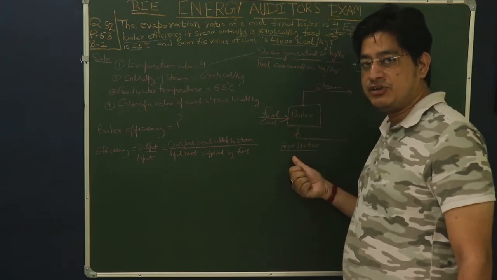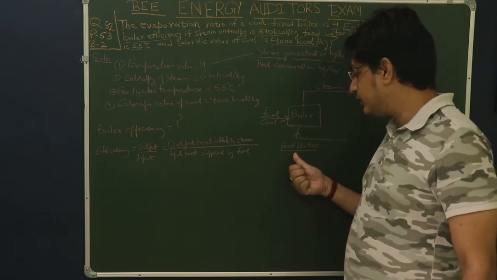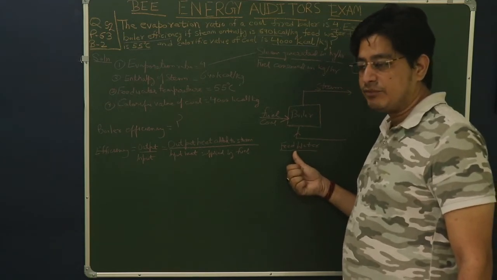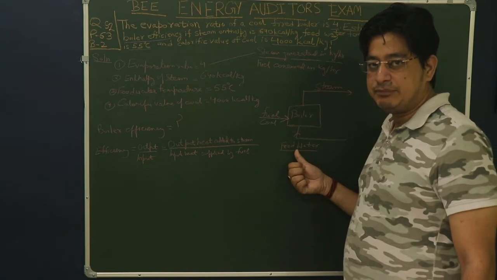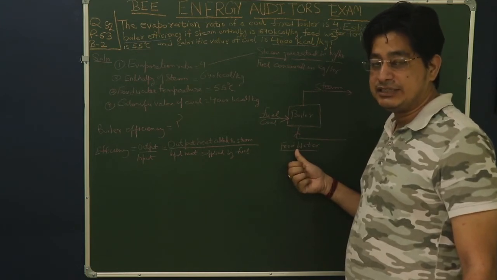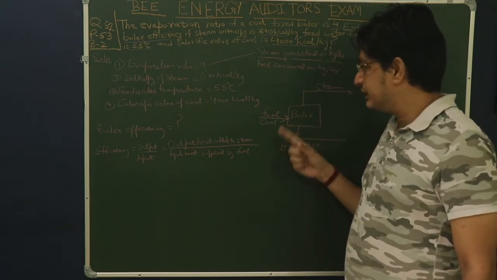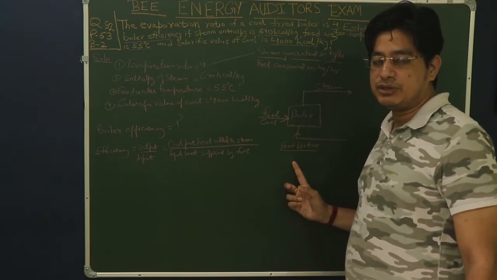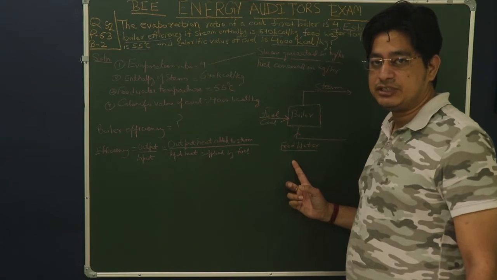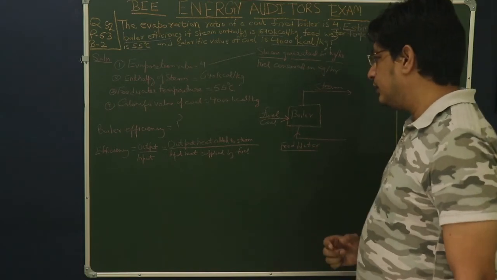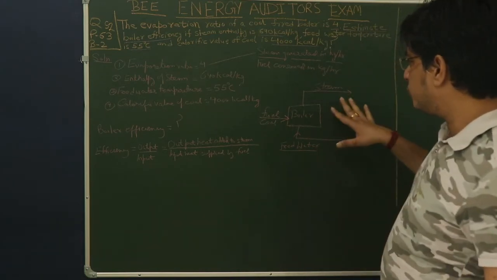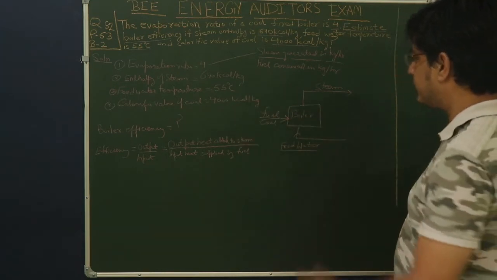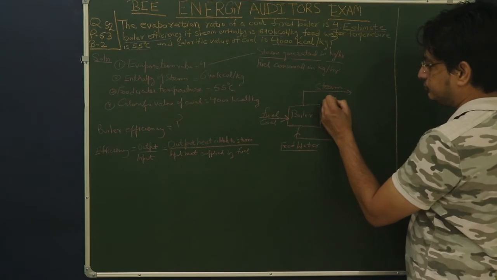As I have already told you in my previous video, as you keep on adding heat energy to the water, its temperature will rise up to the saturation temperature, and beyond it, it will change into vapor phase or steam by absorption of latent heat of vaporization corresponding to that saturation pressure. So if you realize what is given in the question, the steam which is being formed has an enthalpy of 640 kilocalorie per kg.